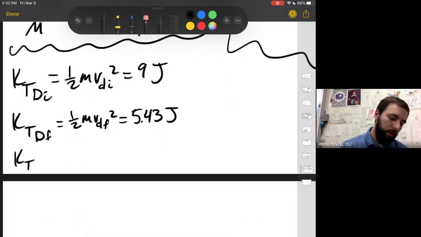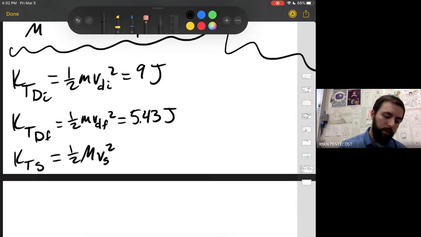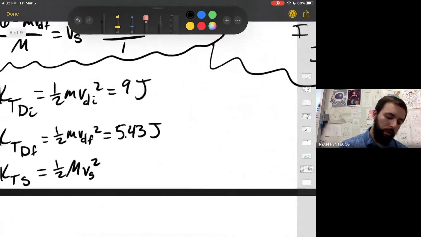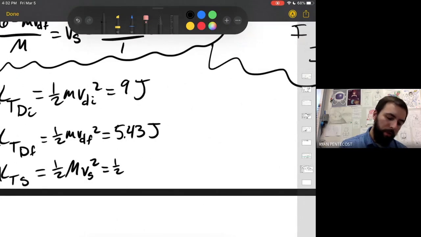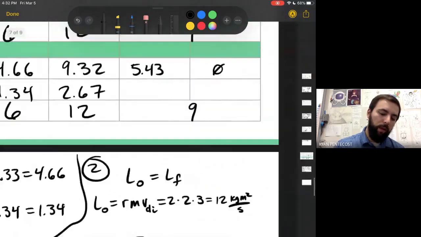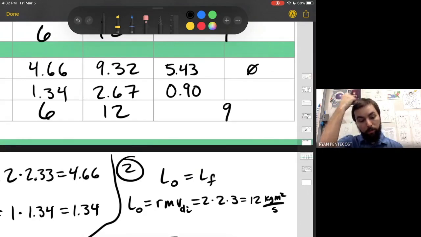K_T of the stick would be 1/2 the mass of the stick, that's 1, times the velocity of the stick squared. The velocity of the stick is 1.34. So we have 1/2 times 1.34 squared. I get 0.90 joules. So let's put that up here, 0.90. We could just subtract those two numbers from 9. If we do that, we get 2.67.